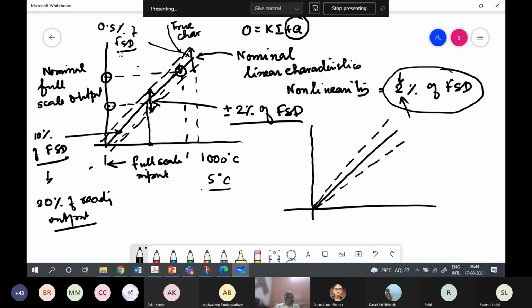But the error here is also plus minus the same, plus minus 5 degrees centigrade, as was the problem. But if I say that the error is 0.5% of reading, not FSD, then still here I have plus minus 5 at 1000. But when this reading is, let us say, 100, then I am saying that this is plus minus 0.5.